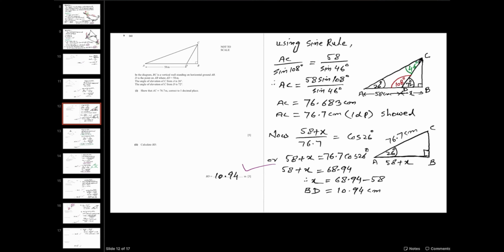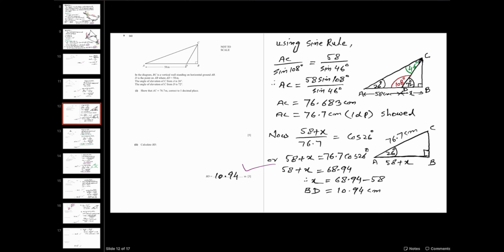Now to find the value of BD, we are using a right angle triangle ABC. 58 plus x upon 76.7 is equal to cos 26 degree. I have used trigonometric ratios. Cos theta is equal to adjacent upon hypotenuse.